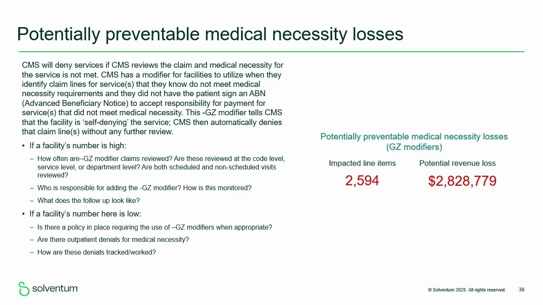Who is responsible for adding the GZ modifier? How is that monitored? And what does follow-up look like? If a facility has a low number of GZ modifiers, is there a policy in place requiring the use of the GZ modifier when appropriate or not? Are there outpatient denials for medical necessity, and how are these denials tracked and worked?